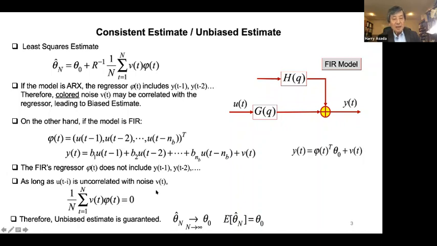This property is obtained because we do not include autoregressive terms, y's, in the model regressor, but purely the input side, moving average. Okay, so let's push this direction. If FIR is usable, no matter what sort of noise comes in, we are guaranteed to get the unbiased estimate.